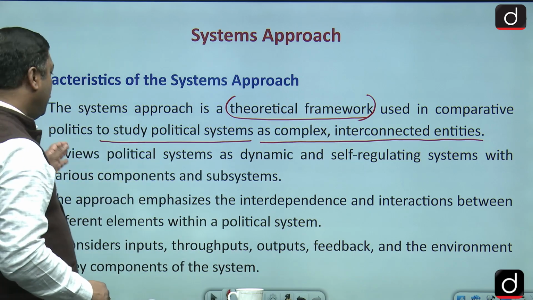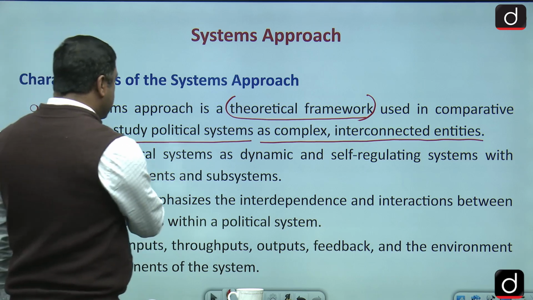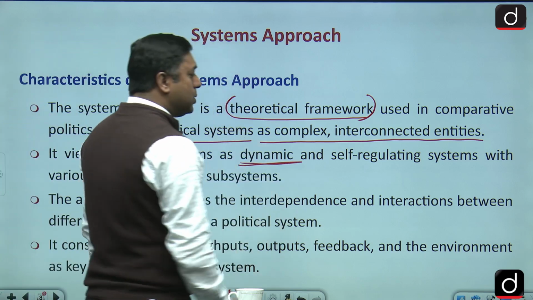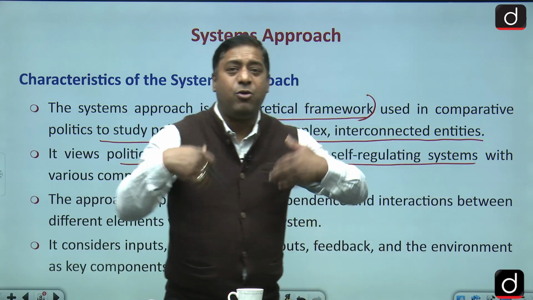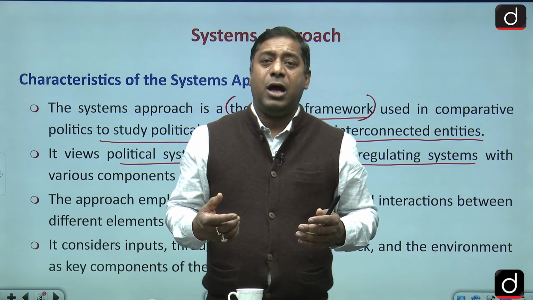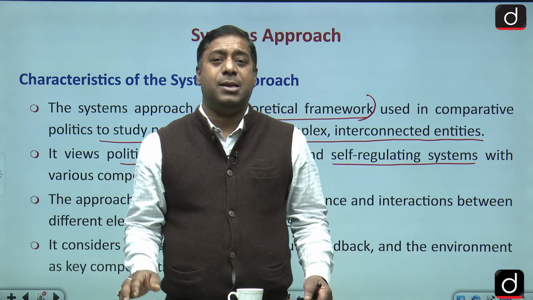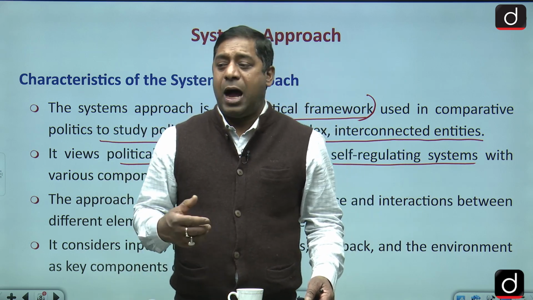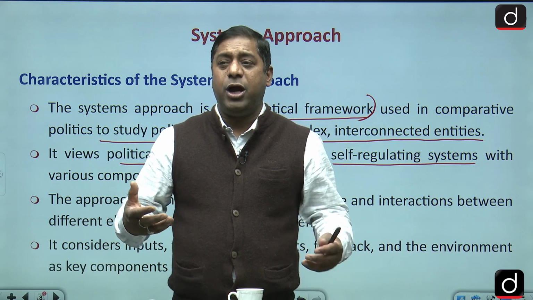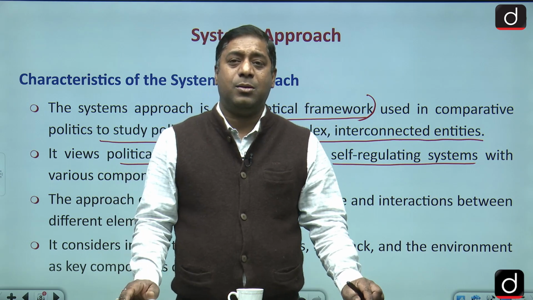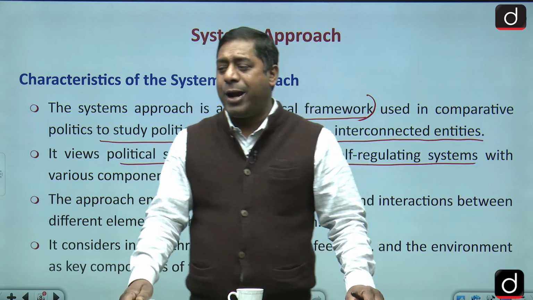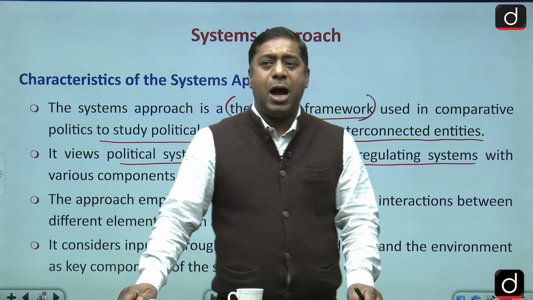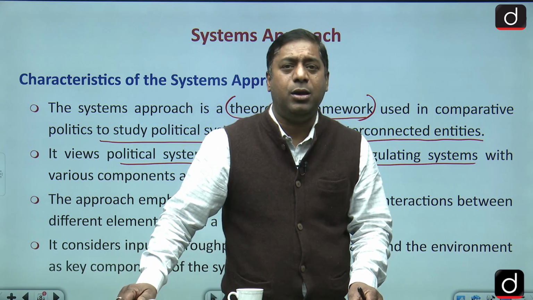And it views the political system as a dynamic, that means always changing, self-regulating system. Self-regulating means, like I can say I am self-regulating myself. I am looking into my own affairs. I know what is good for me, what is bad for me. I know when to get up, when to sleep. I know what to study, what not to study. That is self-regulating.